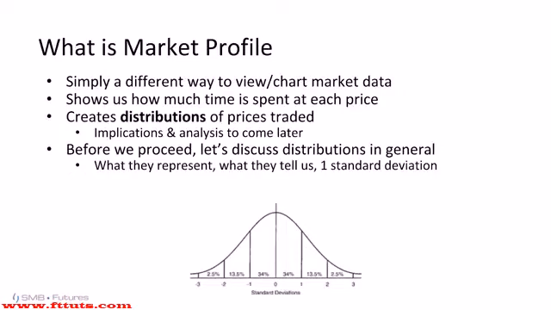So market profile, you already understand this based on what we talked about with the car example. Market profile shows us how much time was spent at each price level, okay? It creates distributions. We can study, here we have a distribution at the bottom. We know that people slice this up in terms of statistics.